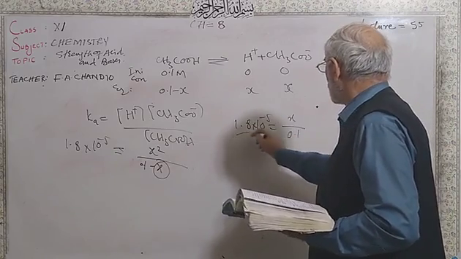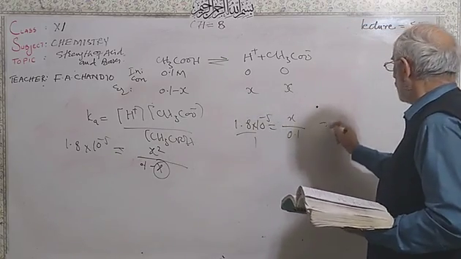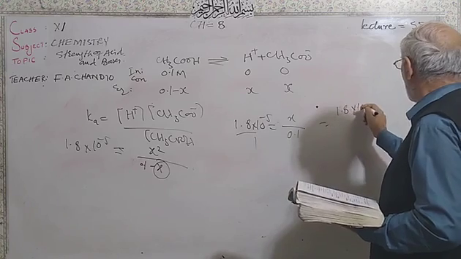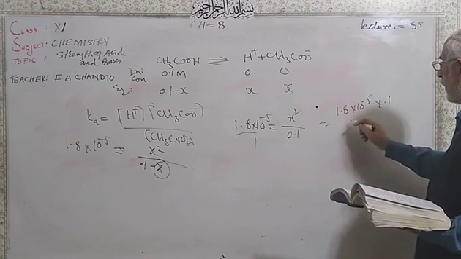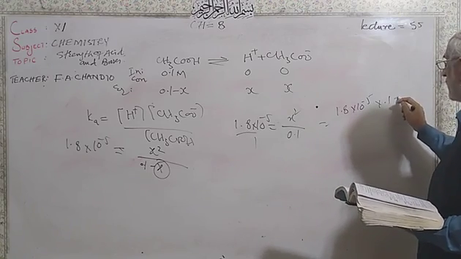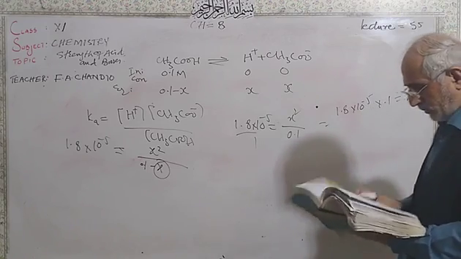If you solve this, 1.8 times 10 raised to power minus 5 multiplied by 0.1 is equal to x square.